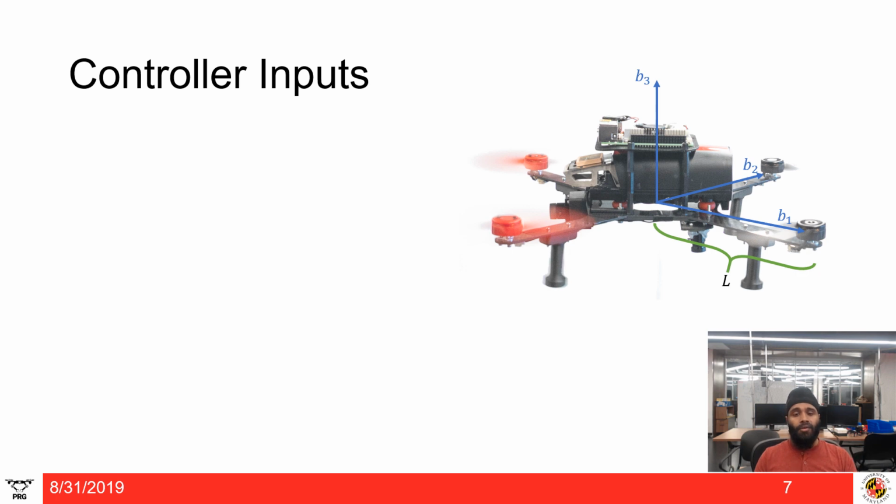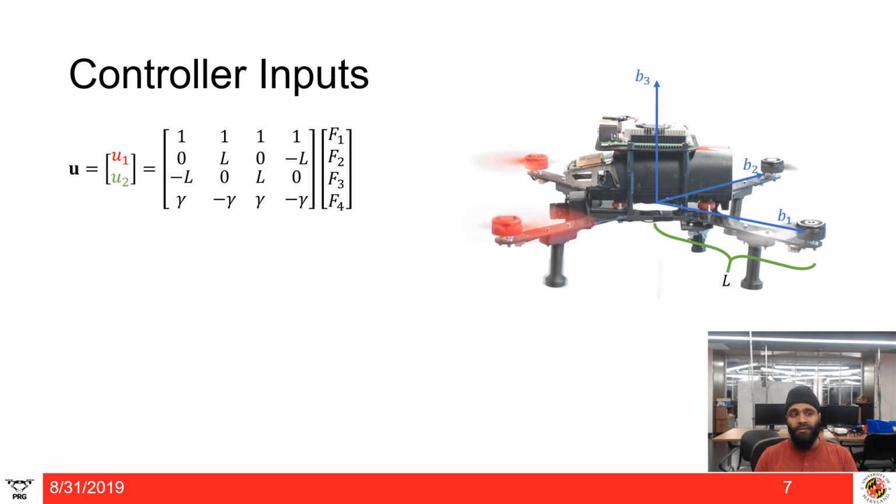So let's talk about the main control inputs. As we discussed in the previous slides, we'll be controlling both U1 and U2. So this boldface U is a combination of U1 and U2, where U1 is the net force, which is F1 plus F2 plus F3 plus F4, whereas for the moments or the torque in X, Y, Z direction, U2 would be responsible.